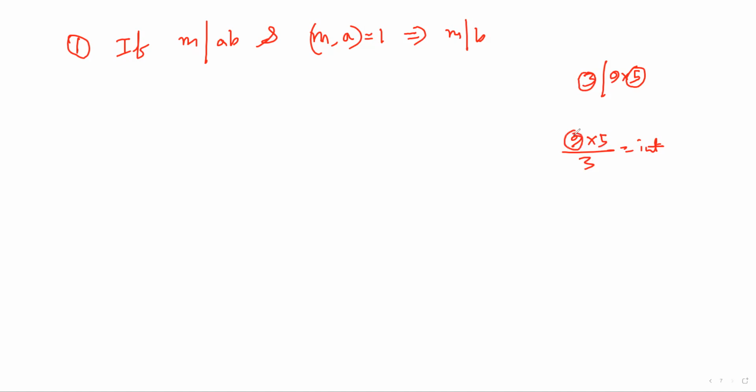So 9 must contain at least one factor 3, so that 3 and the 3 in the denominator get cancelled by each other. So this is the idea. So this would just mean, along with consideration of the fact that 3 and 5 are co-prime, 3 must divide 9. And this is the idea.